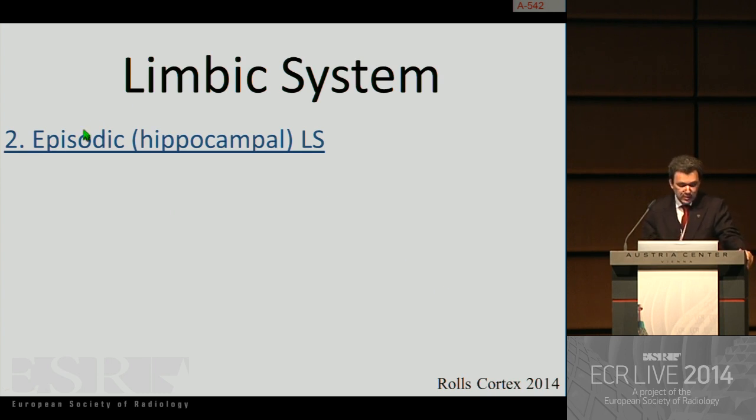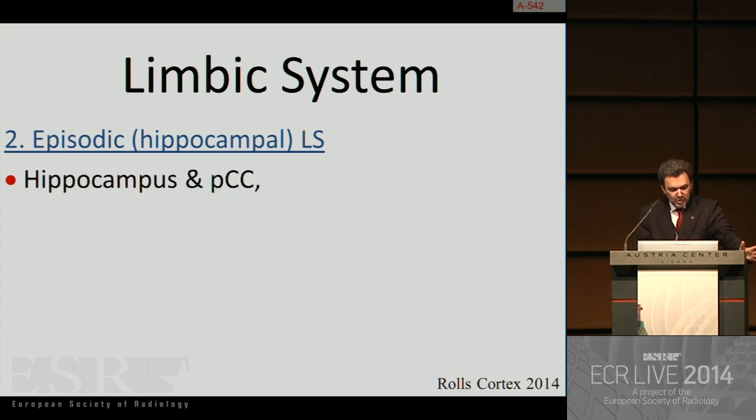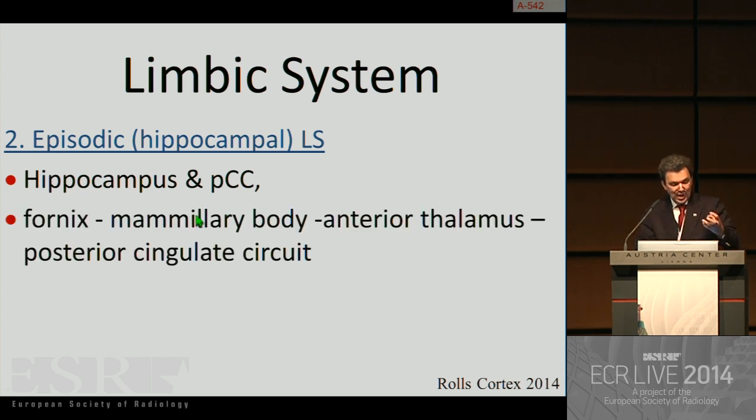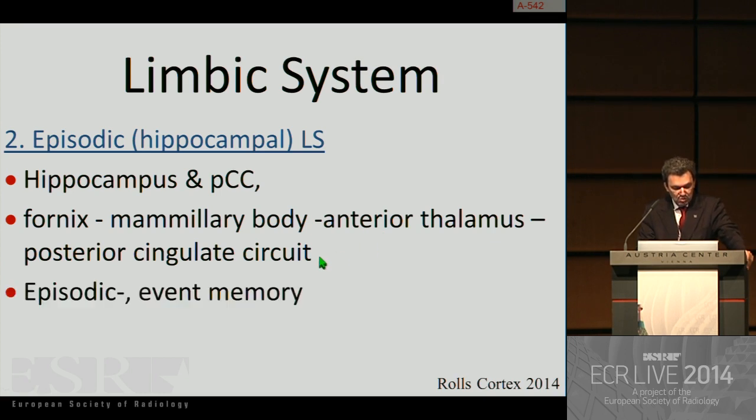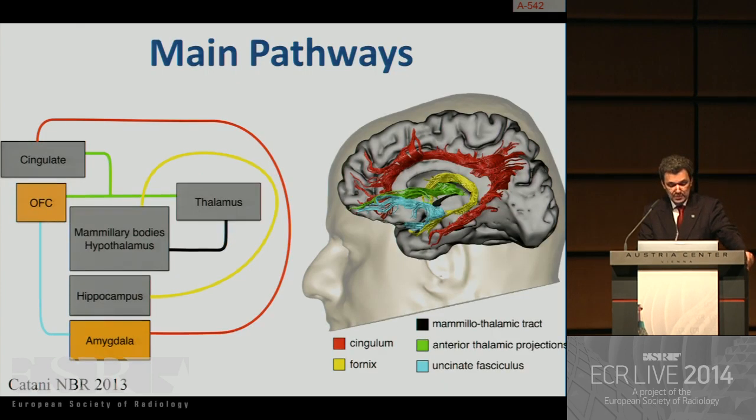The other is the episodic or hippocampal limbic system, consisting obviously of the hippocampus and the posterior part of the cingulate. The main tracts of it are the fornix, which connect into the mammillary body and from there into the anterior thalamus, and related to the posterior cingulate cortex and circuit. Main function is along the memory, episodic and event related.